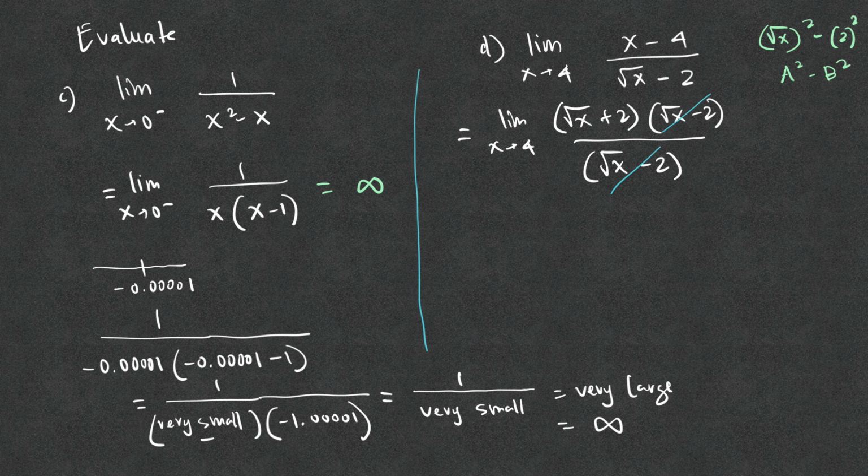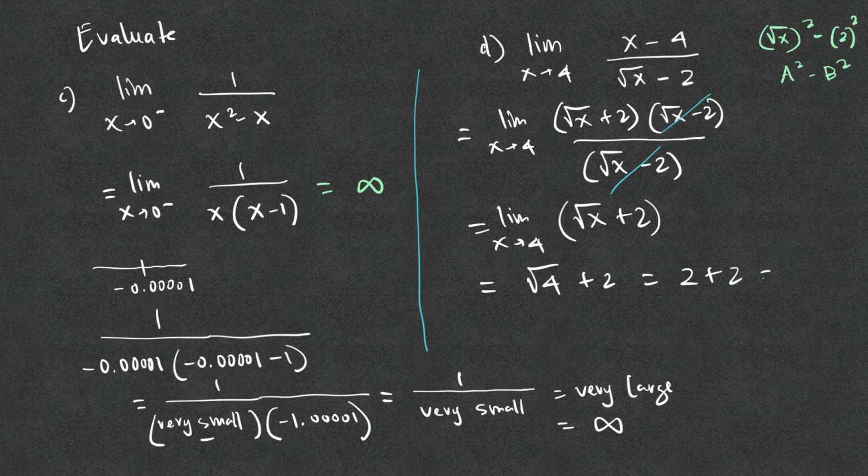We're left with the limit as x goes to 4 of the square root of x plus 2. We plug 4 into this closed form to get the square root of 4 plus 2, which is 2 plus 2, or 4. And again, notice that we drop the limit notation when we evaluate the closed form. And so the answer is 4 for part D.